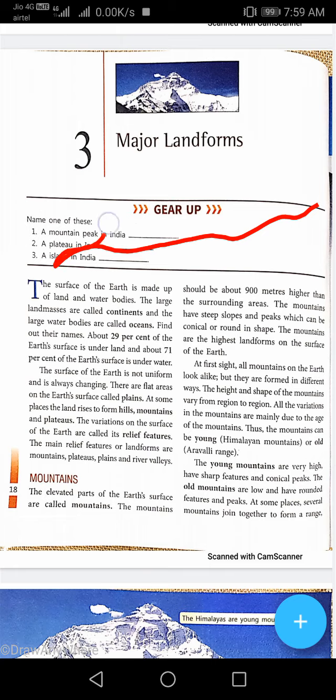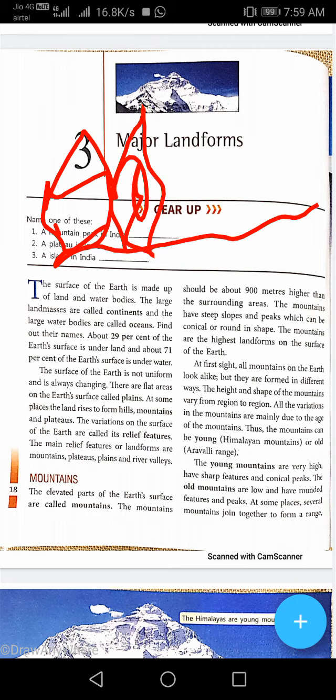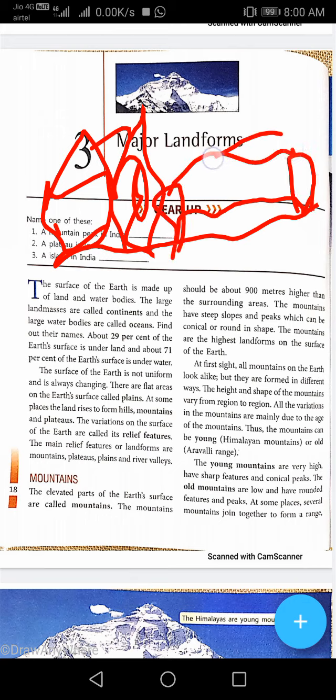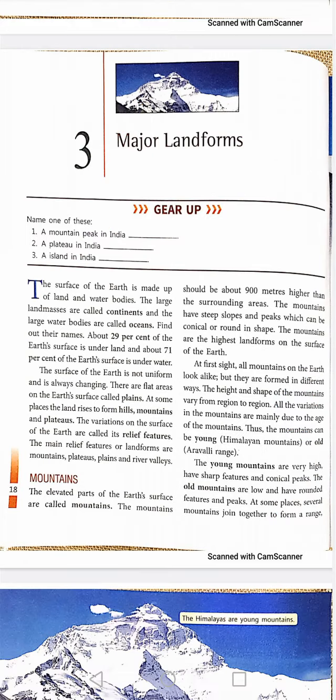If a part rises like this from here and here, these are called hills. And then hills, mountains, or plateaus. Plateaus also are regions of high altitude, surrounded by mountains. So the plains, plateaus and mountains are called relief features of the earth.